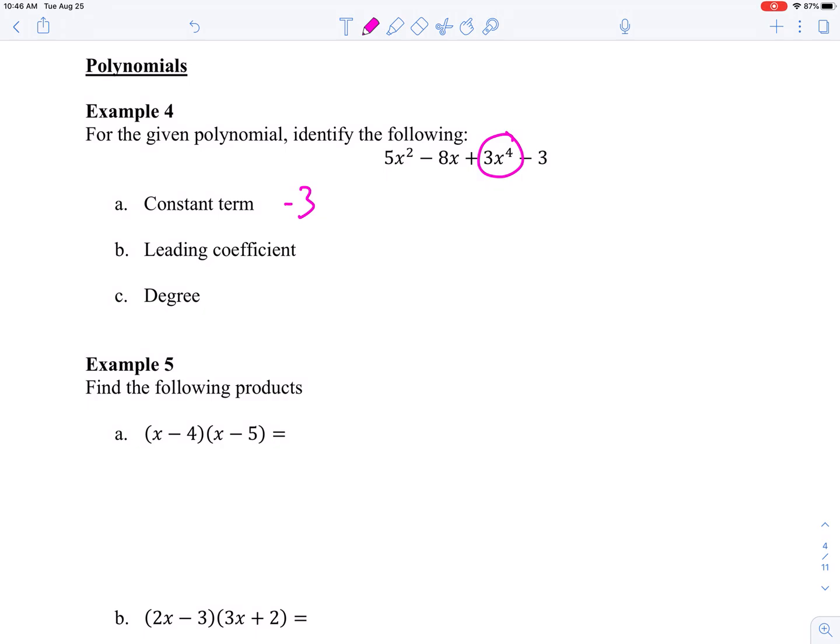All right. So the leading coefficient, coefficient's the number in front of the variable. So since 4 is the highest exponent, then 3 is the leading coefficient.